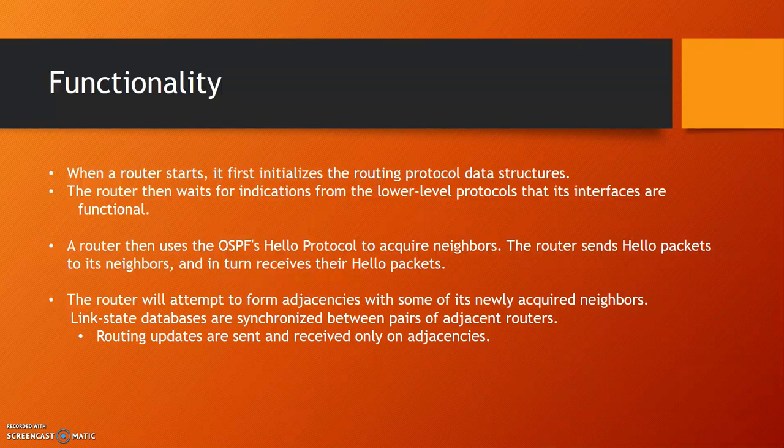The router sends hello packets to its neighbors and in turn receives their hello packets. The router will attempt to form adjacencies with some of its newly acquired neighbors. Link state databases are synchronized between pairs of adjacent routers. That's the master-slave relationship. Routing updates are sent and received only on adjacencies.